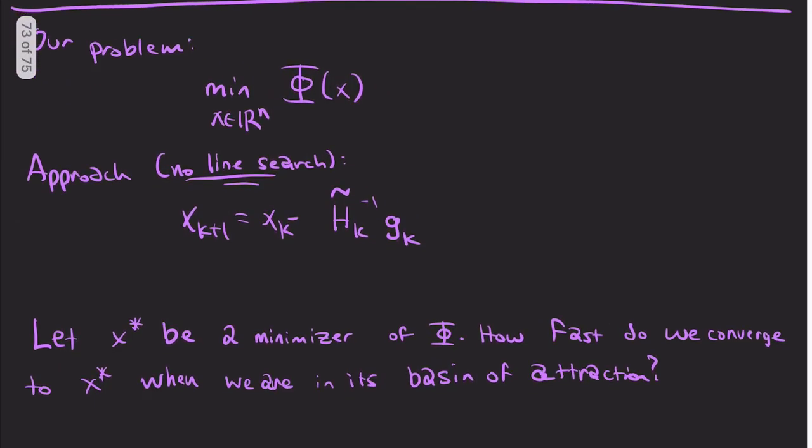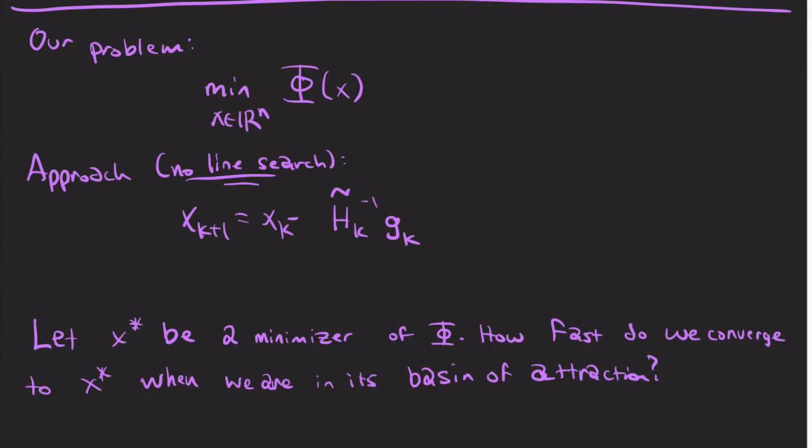The main idea is similar. So now for the convergence analysis that hopefully convinces you that quasi-Newton methods have use in optimization. Back to our problem, we're minimizing phi of x for x in R^n, and we're going to ignore line search for the sake of this video, because we want to look at the convergence rate as we are within a basin of attraction of x star.